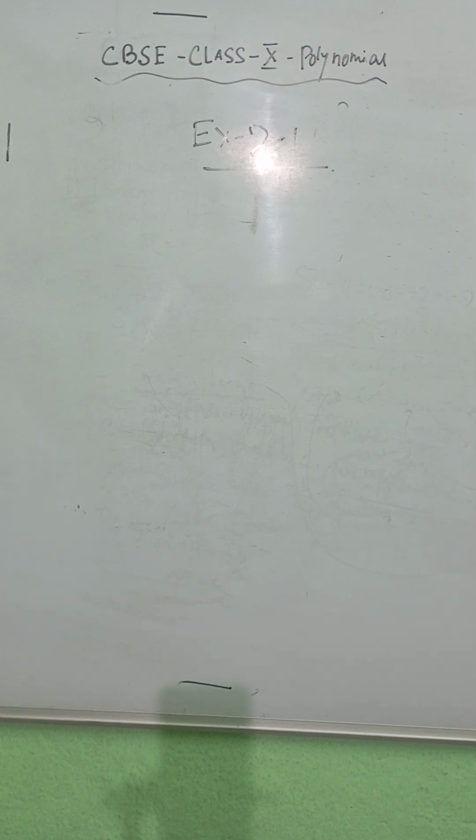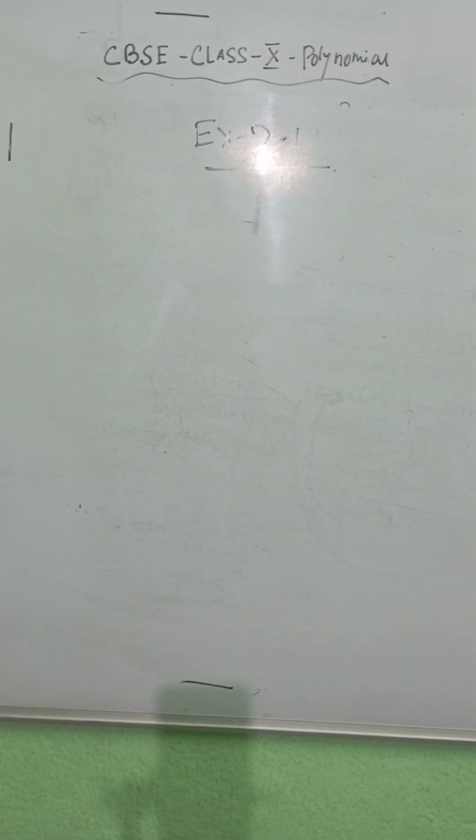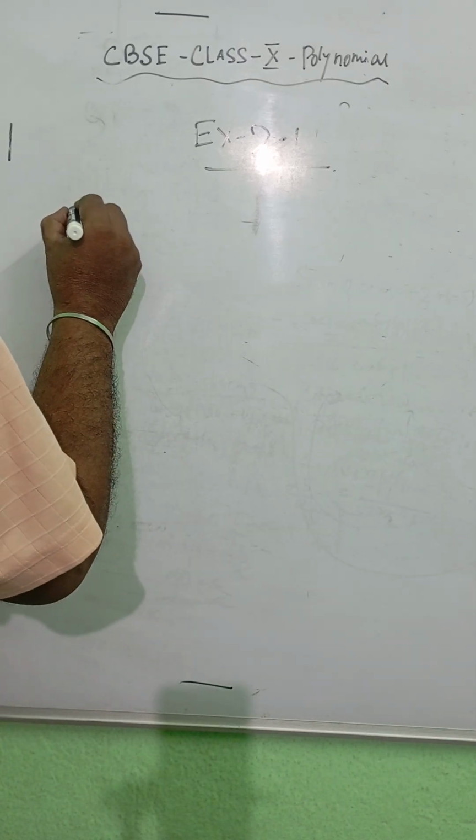Now, if we go through that exercise 2.1, you can see that the question given is: the graph of y is equal to p(x) is given in figure 2.10 below. For some polynomial p(x), find the number of zeros. So what have they given?